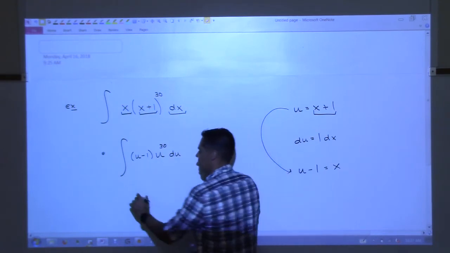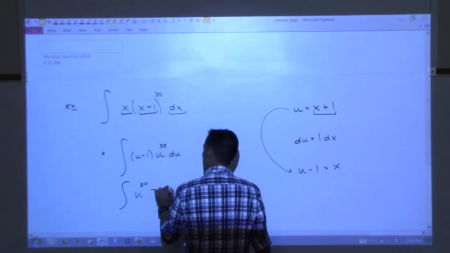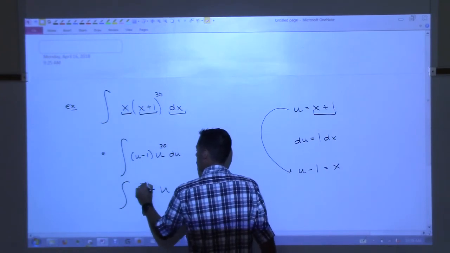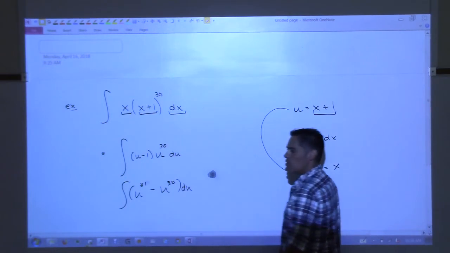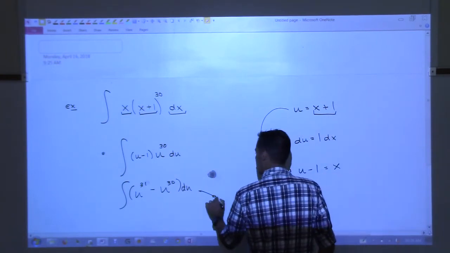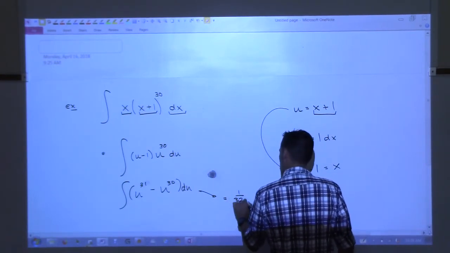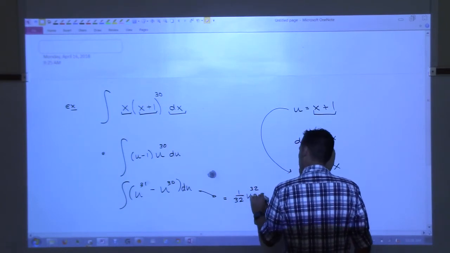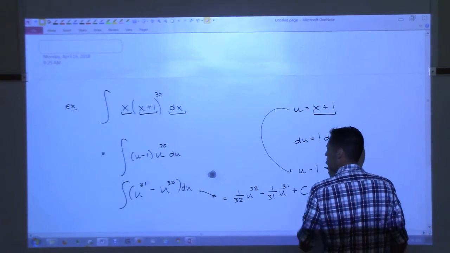And if I do that, I get the integral of u to the 30th minus u to the 31st minus u to the 30th du. And then I can do each one of those with the power rule. So the antiderivative now is 1 over 32 u to the 32 minus 1 over 31 u to the 31 plus c.